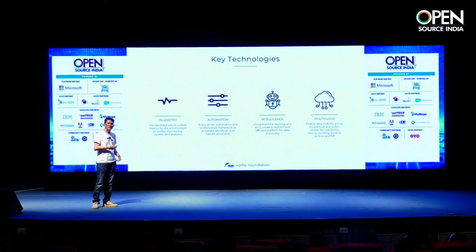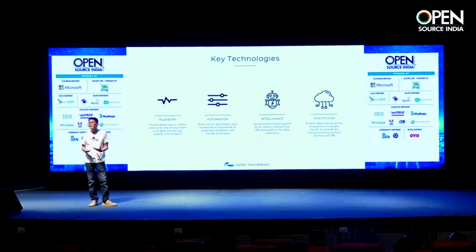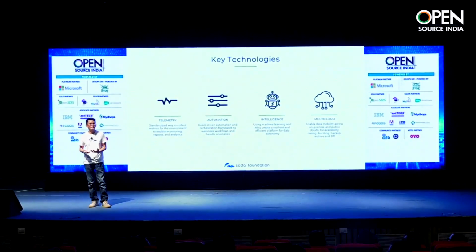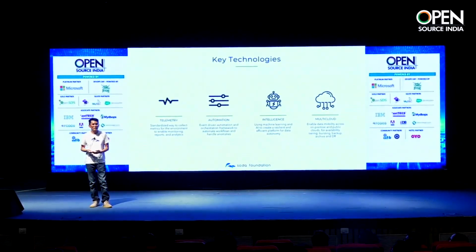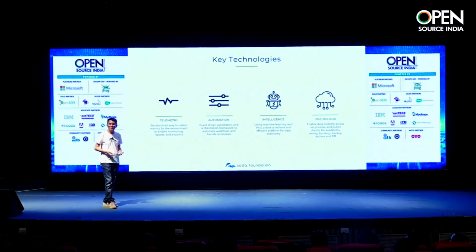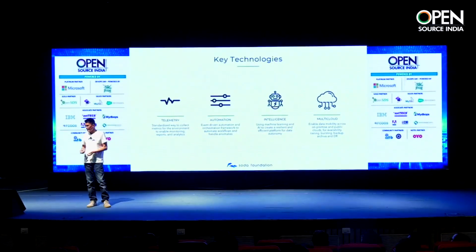And then the second piece is automation. We need an automation and orchestration framework to automate workflows to make the data center operations more efficient, and also to handle anomalies if they happen, okay? And the third piece that we need is intelligence.